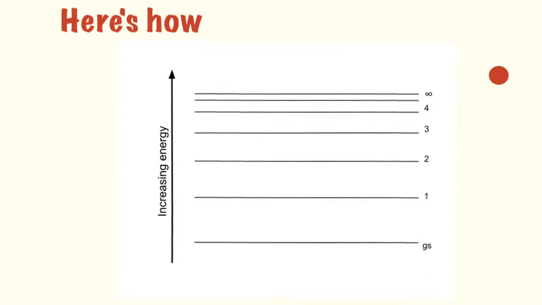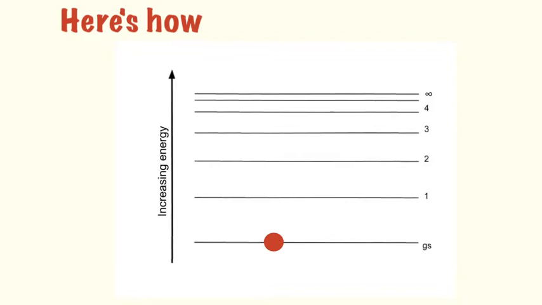Probably the easiest way for us to illustrate this is to have a look at this imaginary electron. So I'll just drag an electron in, and we can see I'll put it at this bottom one called GS. GS stands for ground state, or the position the electron would occupy under normal conditions.